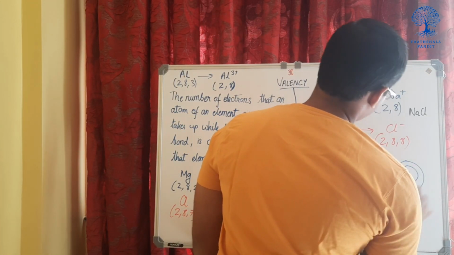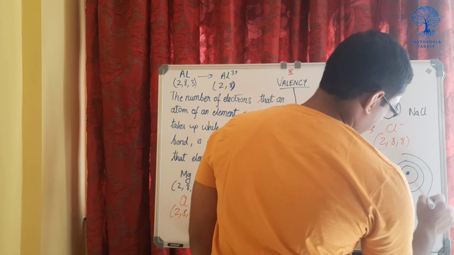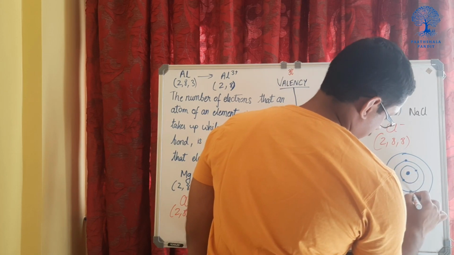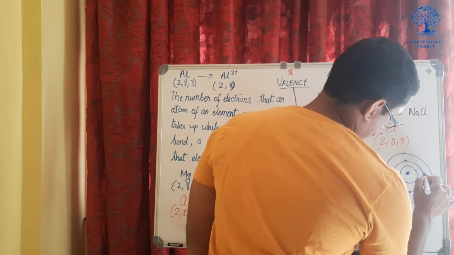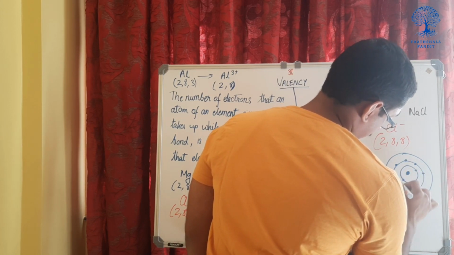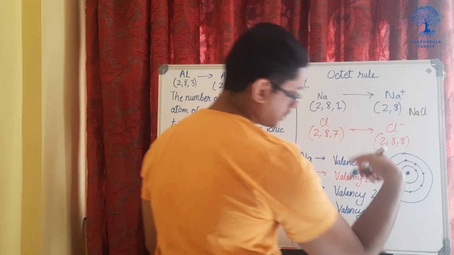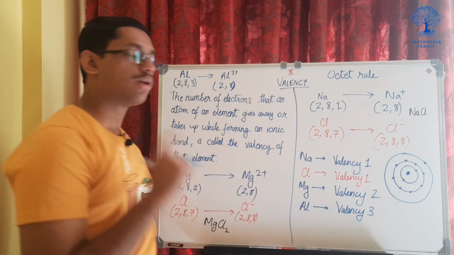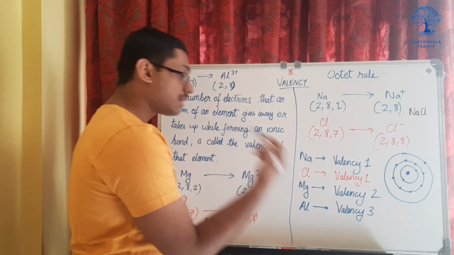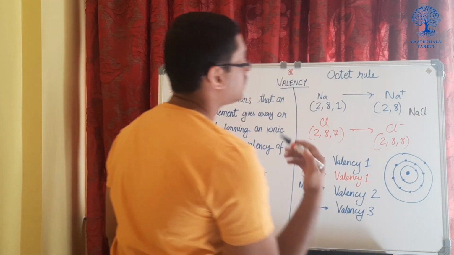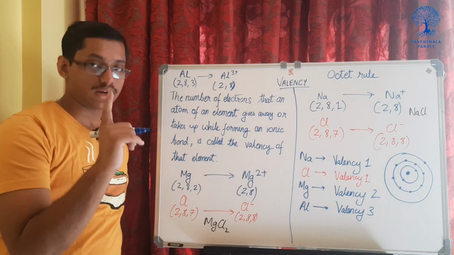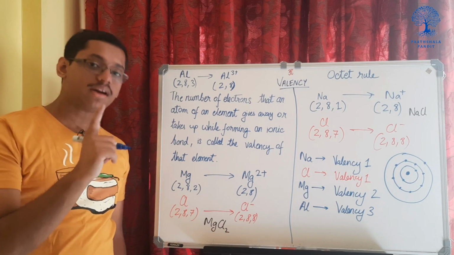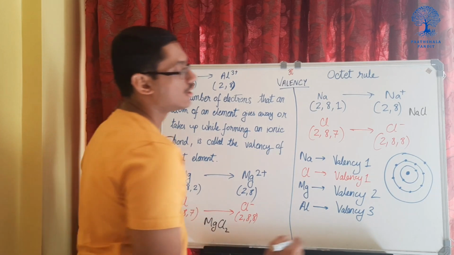Like in the case of sodium, here 2 electrons, here 8 electrons, but in the last orbit it has 1 electron. Then that means its valence electron is 1. There is only 1 valence electron in sodium.